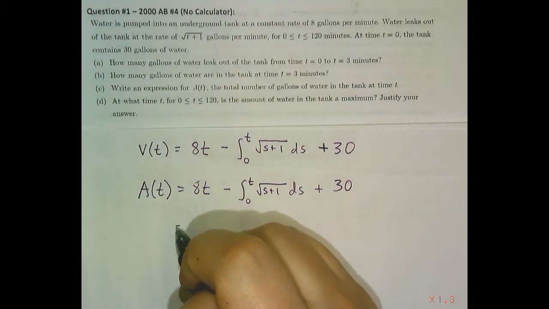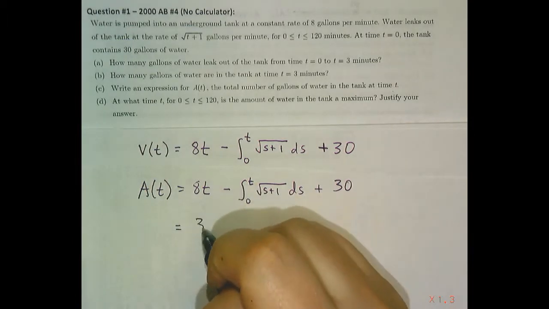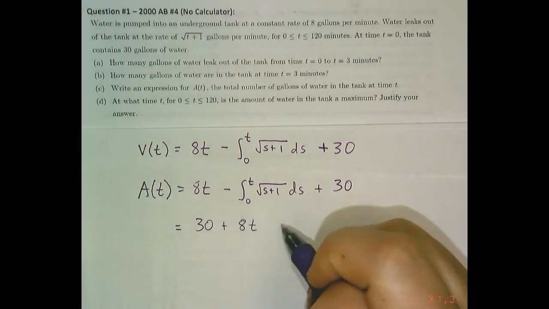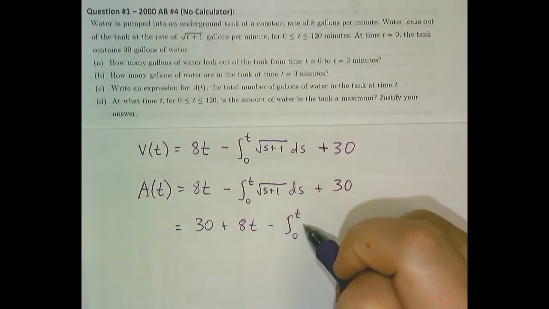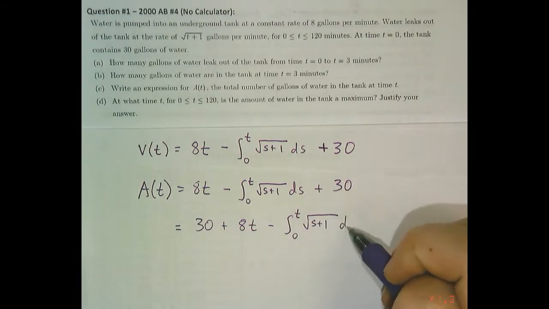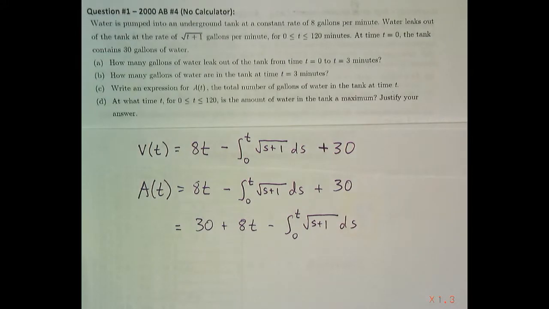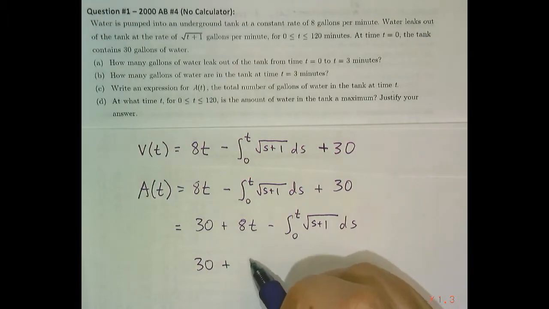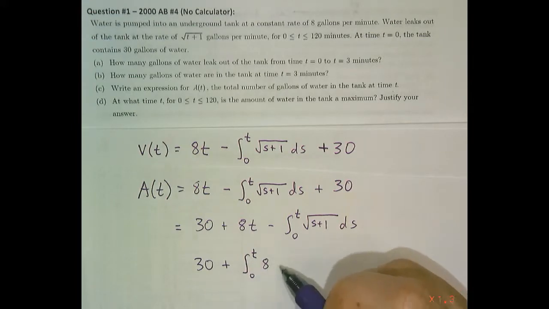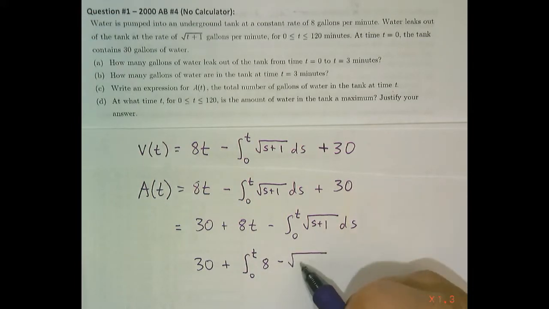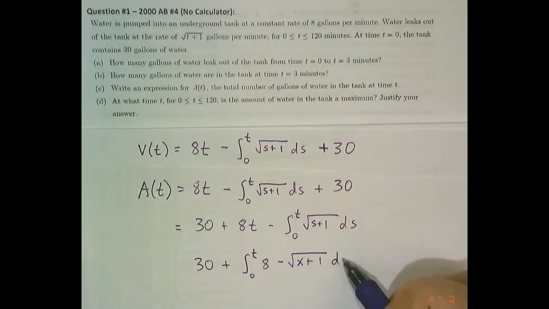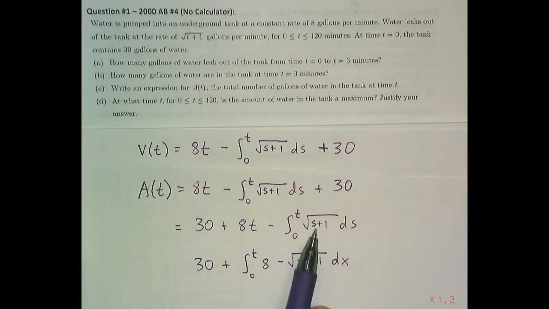Now, if you were to view the key online, they wrote it in a slightly different order, but it's the same concept. Or another way they wrote it on the key online was they said the amount that I started with plus the amount that I add to the system, which is going to be 8 per minute, take away the leaking amount per minute. And they use the variable x instead of s, but it's the same thing.